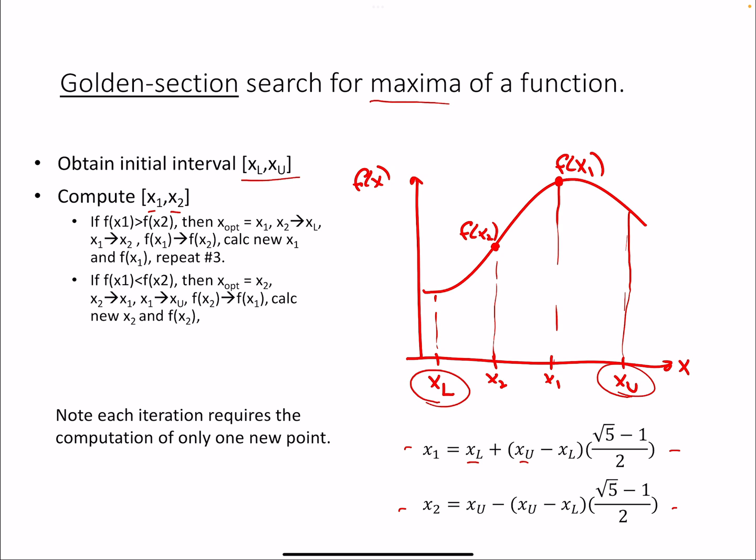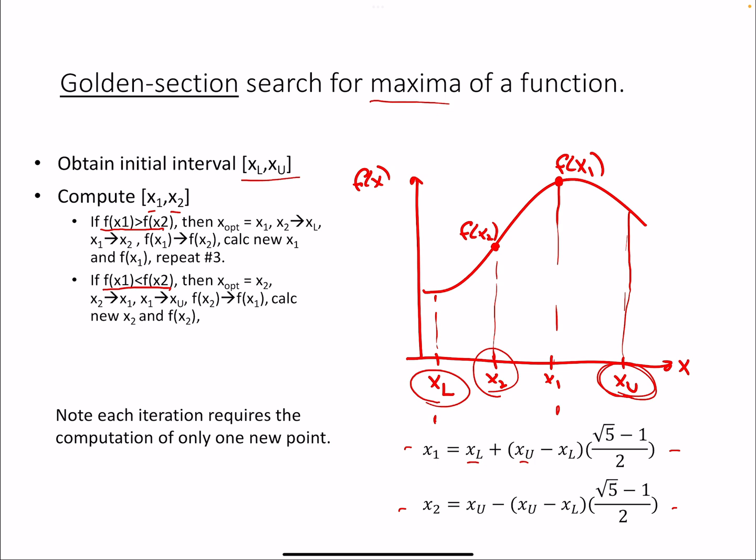You compute x1 and x2, and then you test which one is higher. So for example, if f1 is greater than f2, then we would take the new xl to be these 2 points. Of course, in the way that I have drawn here, this function is the opposite. We have the situation where we actually take this point and this point to be our new xl and xu.